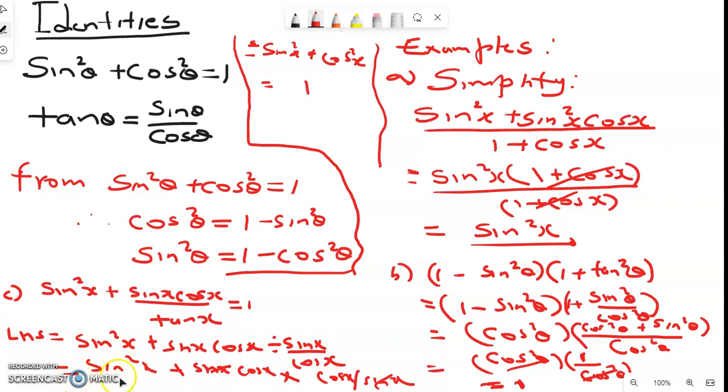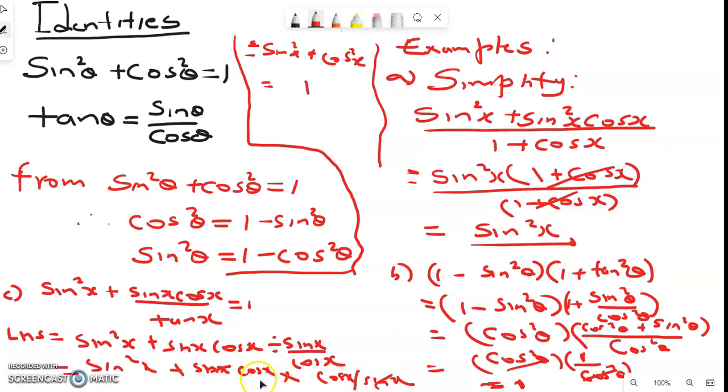For our next step, it is sine square x plus sine x cos x. Then we did a reciprocal, where the numerator becomes the denominator and vice versa. So now we have cos x over sine x. Cos x can be divided by cos x.